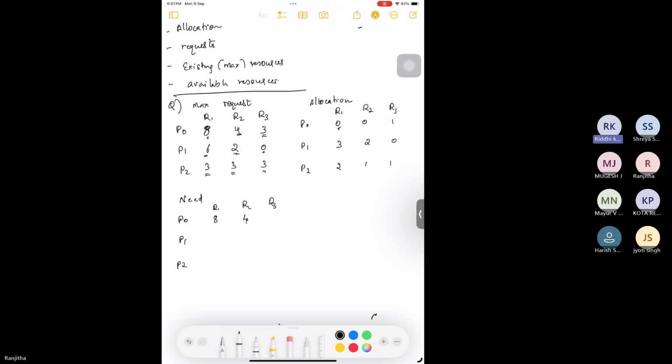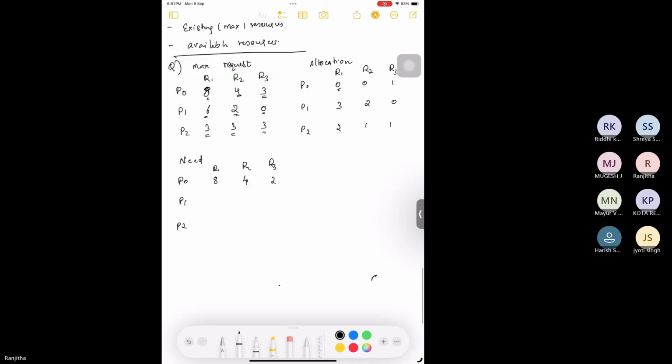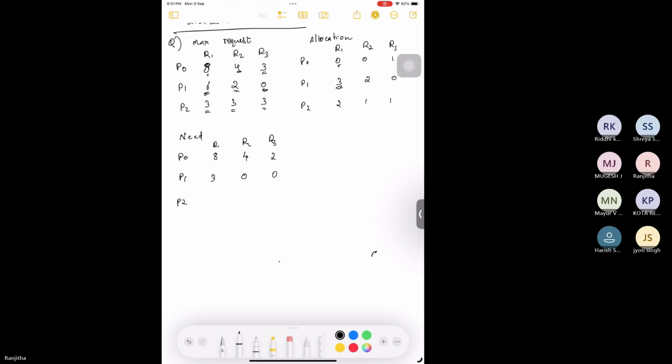And R3? 2. P1? It requires 6. It is already given 3. How many more does it need? 3 more, right? Then it requires 0 and is allotted 0. Now P2? 1, 1, 2 and 2.